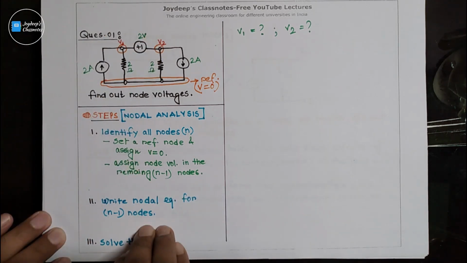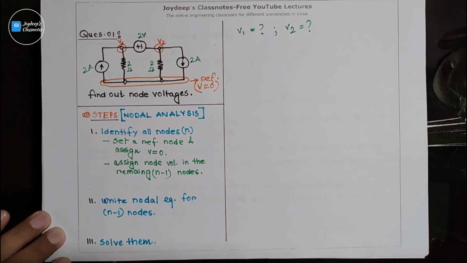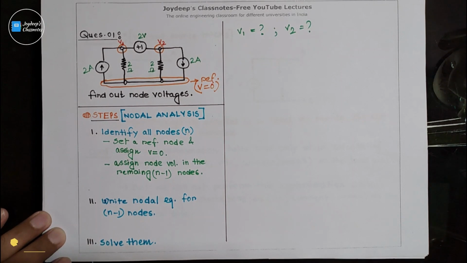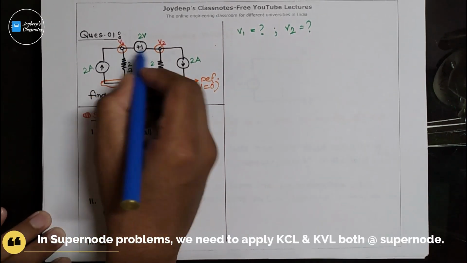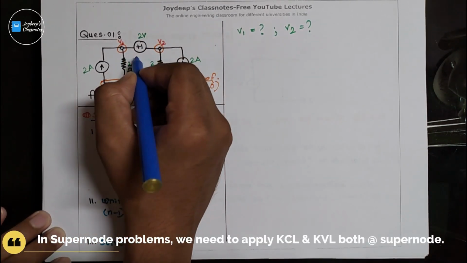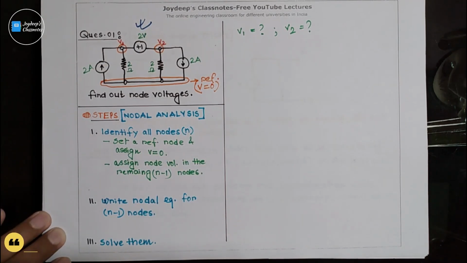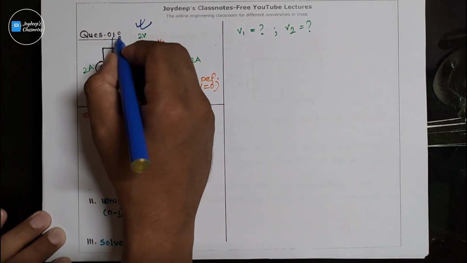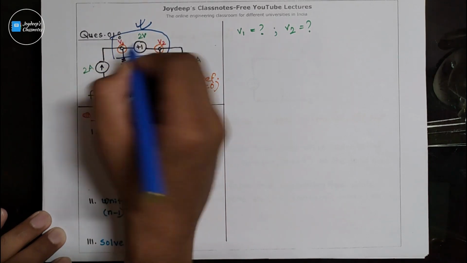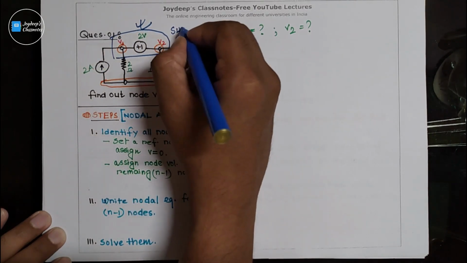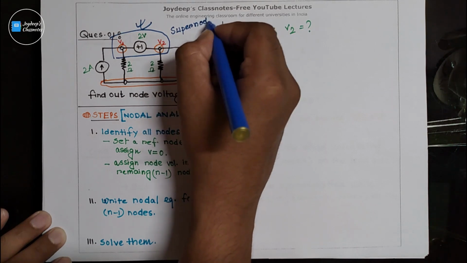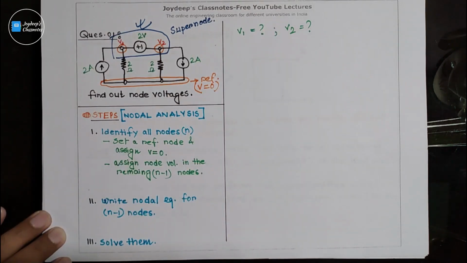Before we move to the second step, we can see that this is a supernode problem. Why? Because between these two non-reference nodes, an independent voltage source is present over here. So this is your supernode.